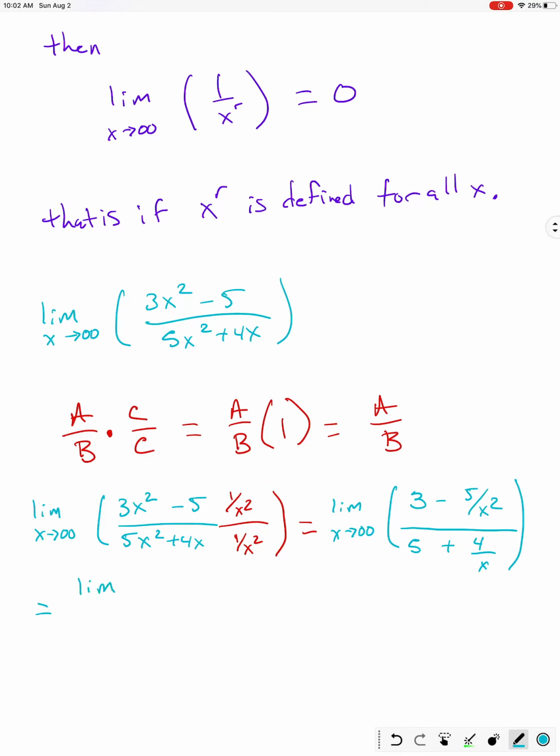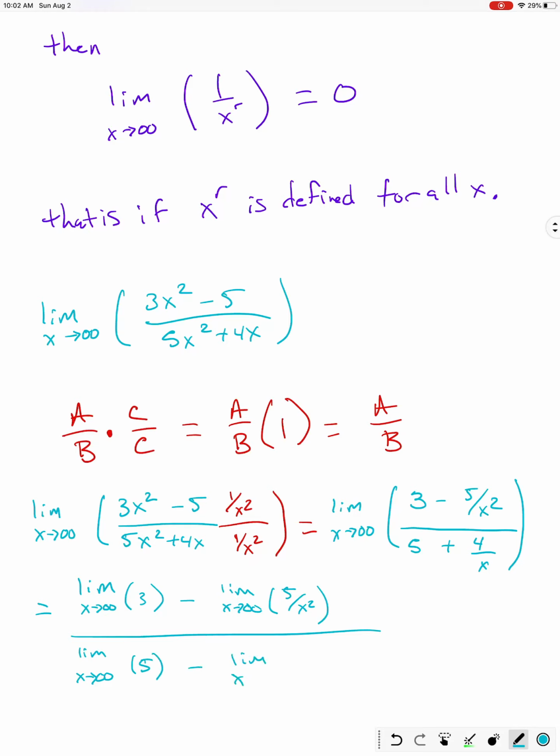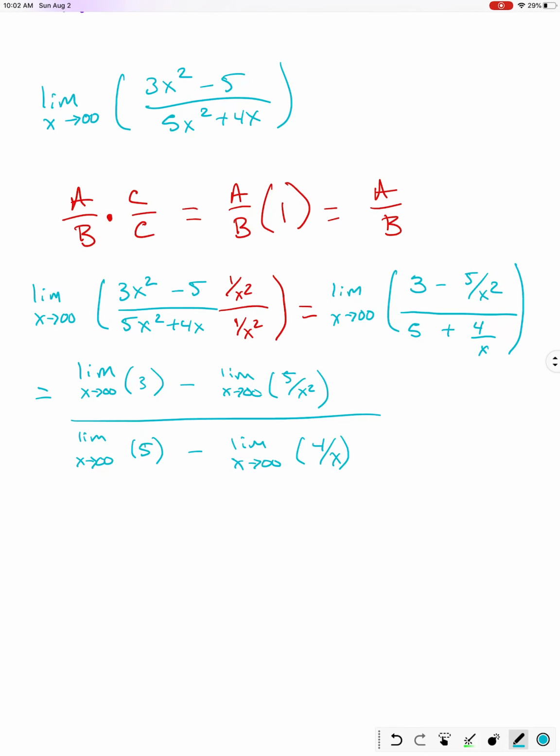Now, if we're just learning this in Calc 1, we would always write out each of these steps. So this is the limit as x approaches infinity of 3 minus the limit as x approaches infinity of 5 over x squared, all divided by the limit as x approaches infinity of 5 plus the limit as x approaches infinity of 4 over x.